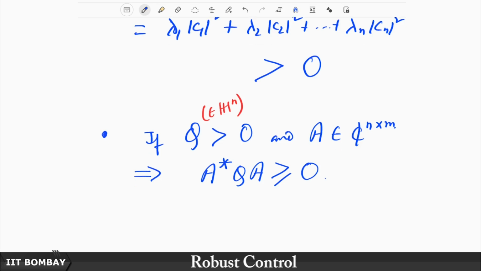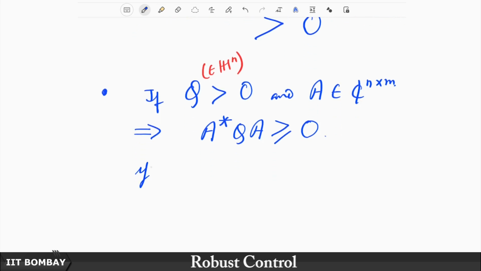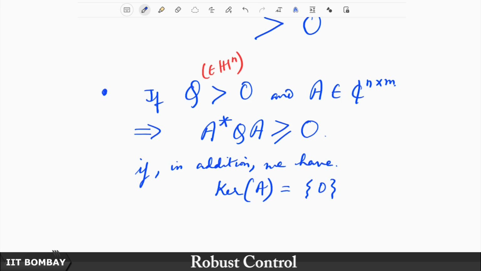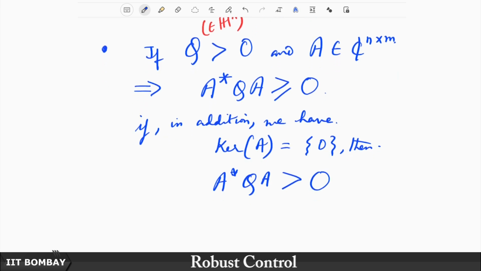All right. Additionally, if we have the kernel of this arbitrary matrix we have chosen to be the trivial subspace, that is the zero subspace, then we can get rid of this relaxed inequality and we can make it a strict inequality, that is, then this A Hermitian Q A is a positive definite matrix rather than a semi-definite matrix.